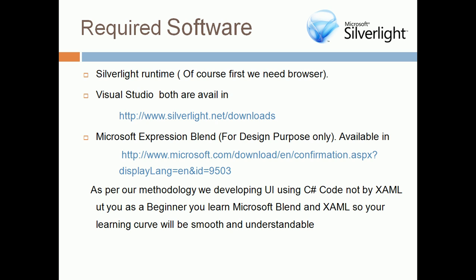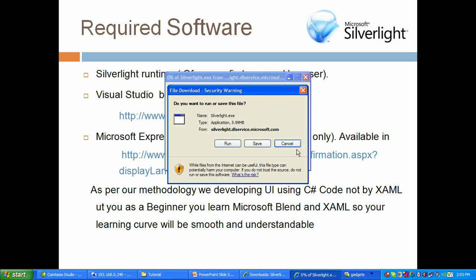Now, the required software to develop a Silverlight application. I already told you in the previous slide: the Silverlight runtime. Of course, we need a browser. Without a browser, we can't see anything. We need the Silverlight runtime, which we can get from this URL.